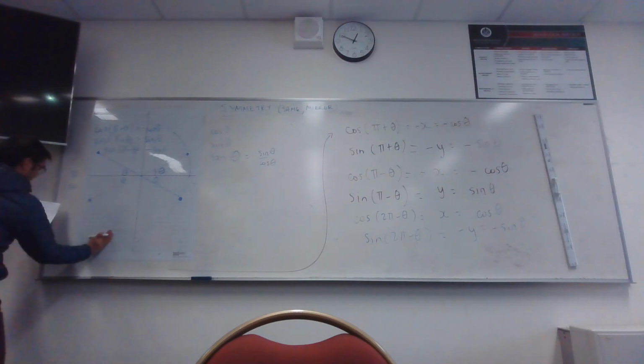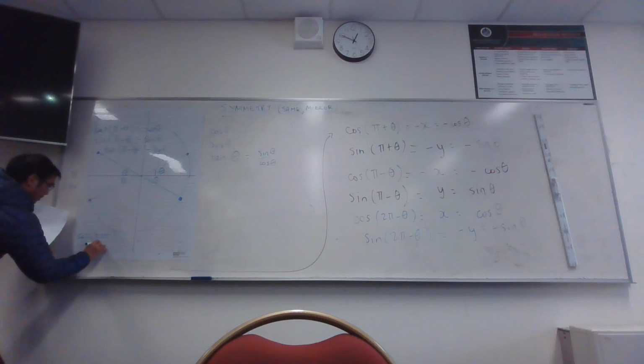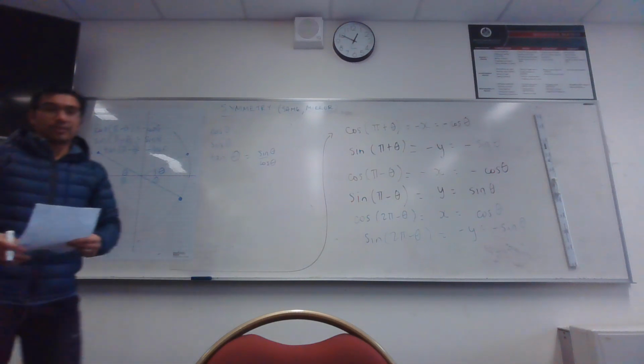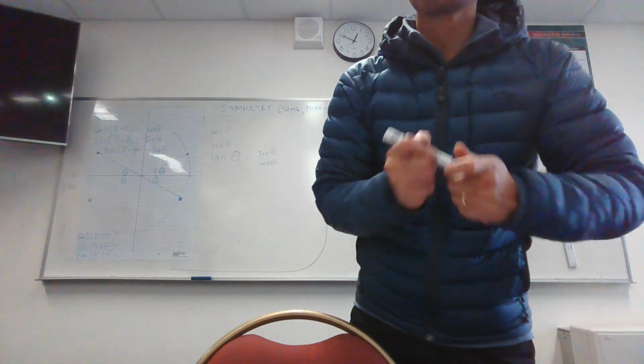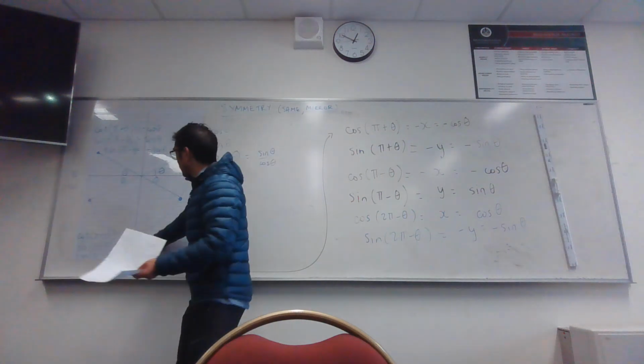Let's go down here. Like this box. Okay, Jesse. Cosine pi plus theta. What type of cosine theta is it?